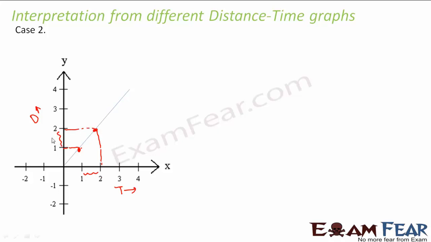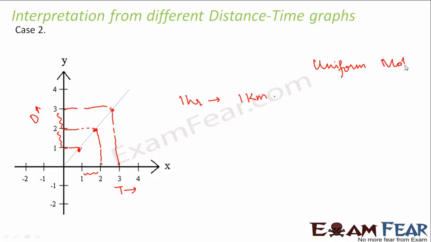This much distance, that is 1 kilometer. Again after 1 hour, how much distance is covered? 1 kilometer, right? So in every 1 hour, the distance covered is 1 kilometer. So this is which kind of motion? Equal distance is covered in every equal interval of time. So this graph depicts uniform motion.